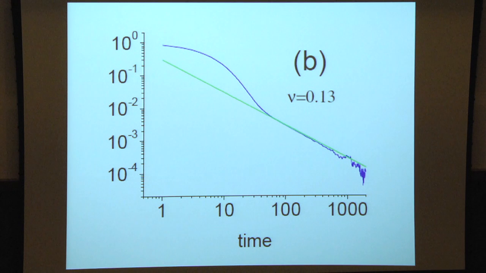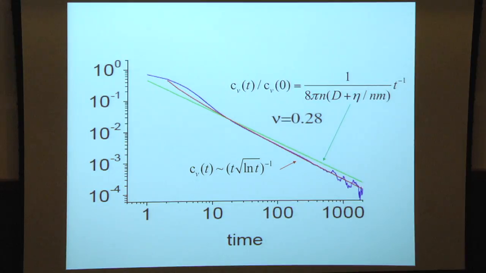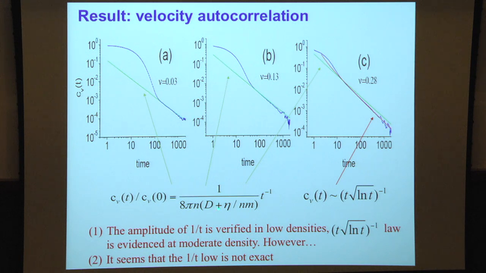But the problem is, which one is correct? I mean, which one is exact? Because in this case, this is already very close to the dilute regions, so you can also find a small divergence from this law.